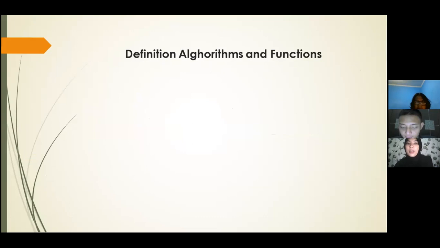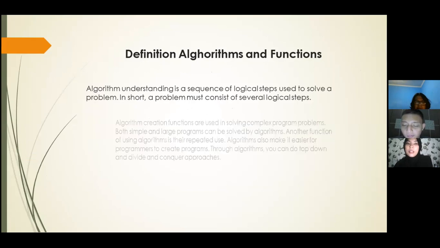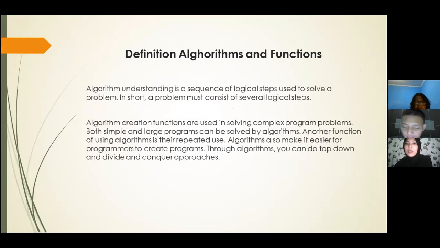In this slide, definition, algorithm, and function. Algorithm understanding is a sequence of logical steps used to solve a problem. In short, a problem must consist of several logical steps. Algorithm creation functions are used in solving complex program problems, but simple and large programs can be solved by algorithms.